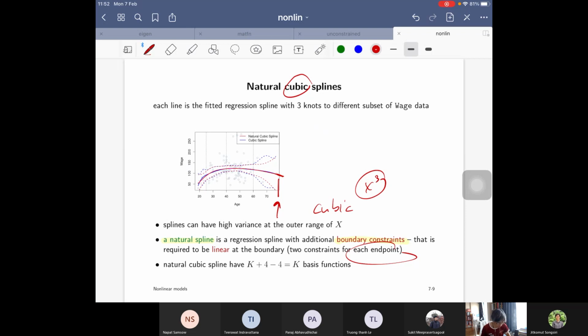So for cubic spline, it has k plus 4 degrees of freedom, but when you add more constraints on the boundary, totally it has 4 constraints. Now again, the parameter count is reduced by 4, so totally a natural cubic spline has k degrees of freedom, k basis functions. Okay.